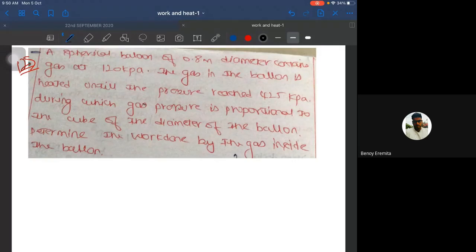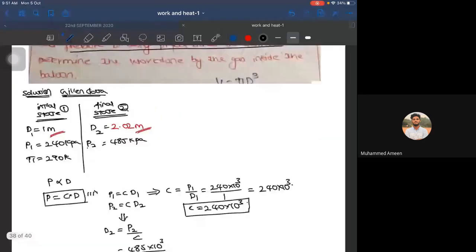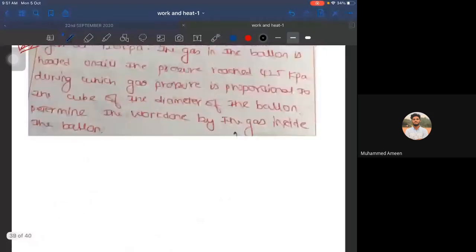Sir, temperature is not given. Okay, fine. So does it make a difference? In the previous problem, have we ever used temperature in solving the problem? I guess temperature is just given on a random basis. We nowhere use the temperature. What's the difference?